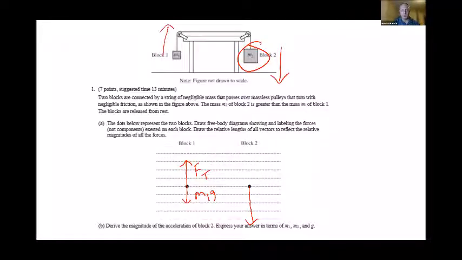So we're going to label that one as M2 times G. And we also need to draw the tension in. This tension is going to be the same throughout the rope, or at least pretty close. So I'm going to draw it the same length as the other one, and label it FT. So easy points there, hopefully. Any questions on the free body diagram?